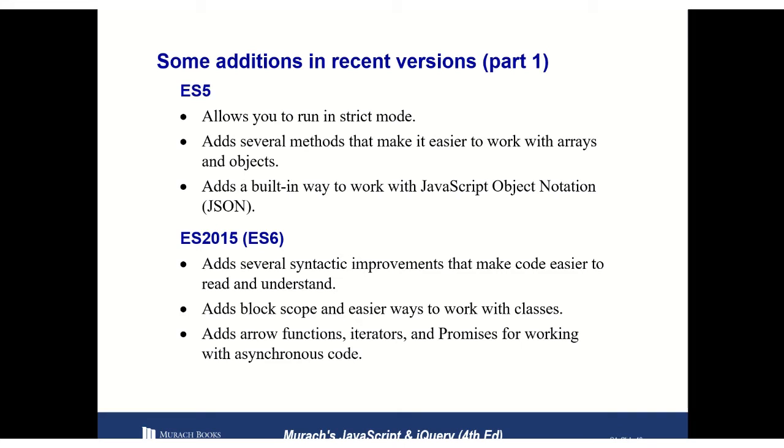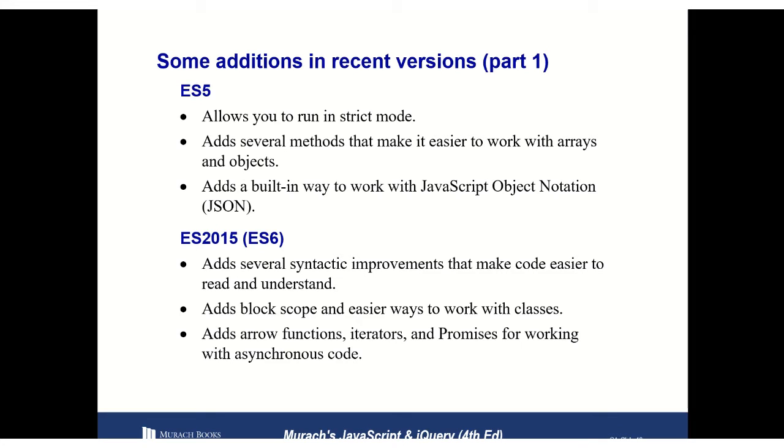So strict mode is a specification, and you can use the directive "use strict", which was introduced in ECMAScript version 5. So that's about strict mode. You can use strict mode on all of your programs. It helps you to write cleaner code, like preventing you from using undeclared variables.